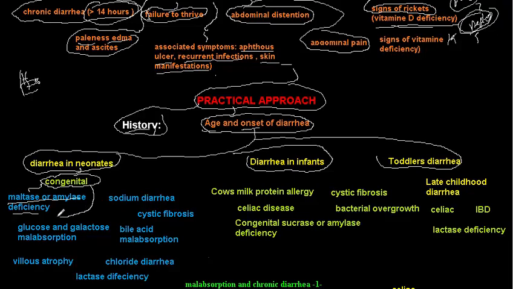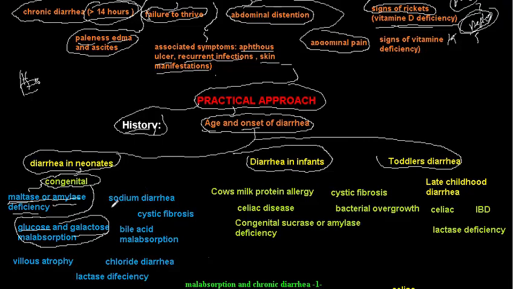Maybe glucose and galactose malabsorption. We may have a normal amylase and a normal maltase that form normal glucose, galactose and fructose, but we may have a congenital glucose and galactose malabsorption syndrome, for example.